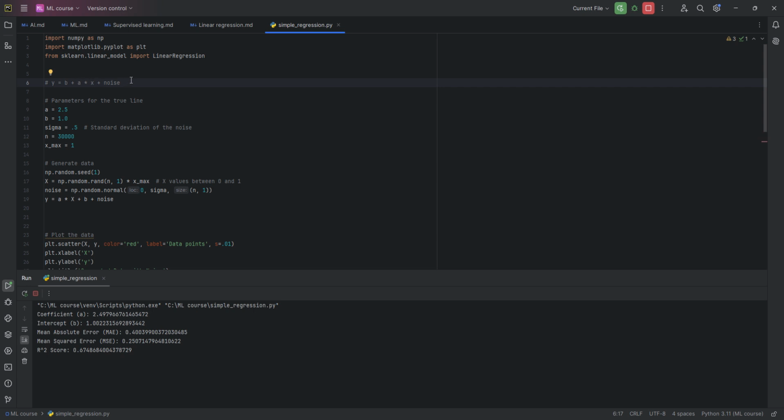But the fact is, in real life, when we are observing, when we are measuring the target value, we don't have a choice to only measure the underlying truth that we are interested in. It always comes with some noise or measurement error.